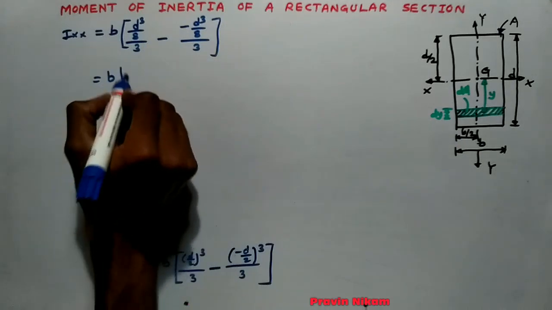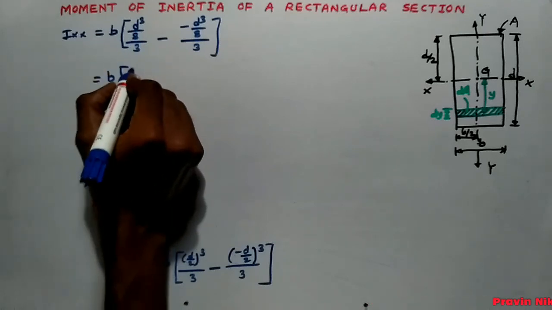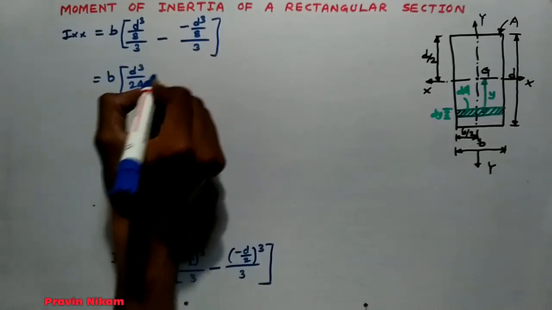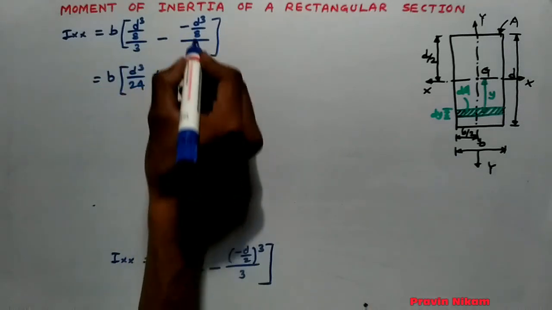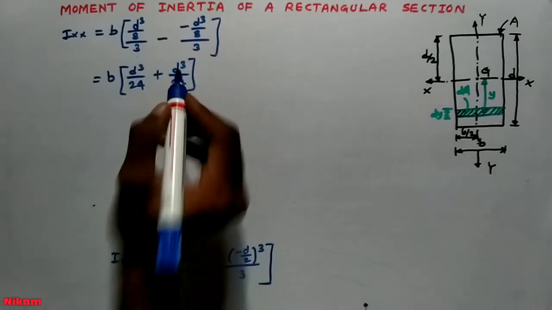So it is equal to b into, 8 into 3 is 24, minus minus becomes plus, d cube divided by 24.